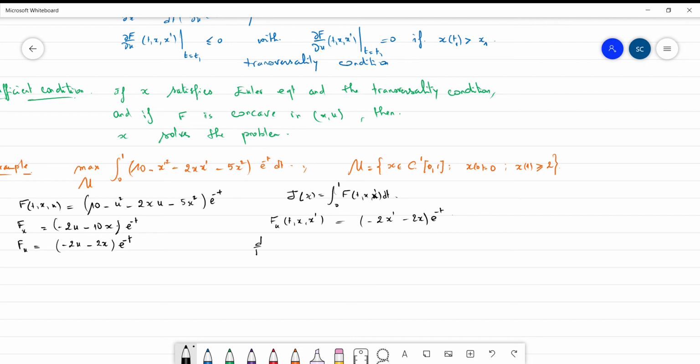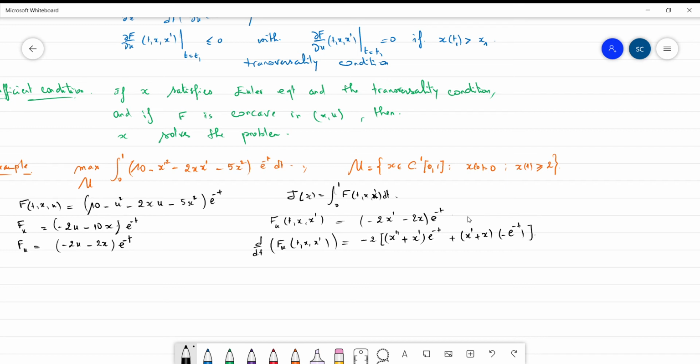Then if I want the derivative of this term, I will have to derive the product of two functions. Let's keep minus 2 as a factor, so I will derive the first function: x'' plus x' times e to the minus t, then plus (x' plus x) times minus e to the minus t. So this is my derivative.